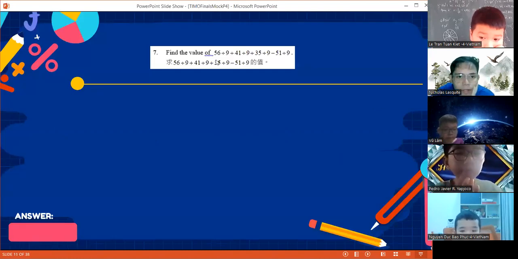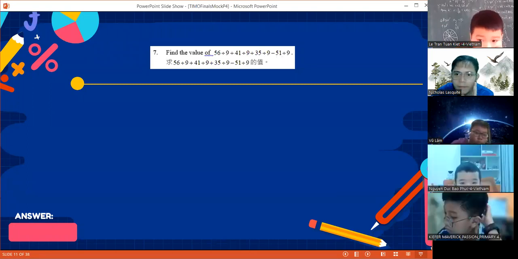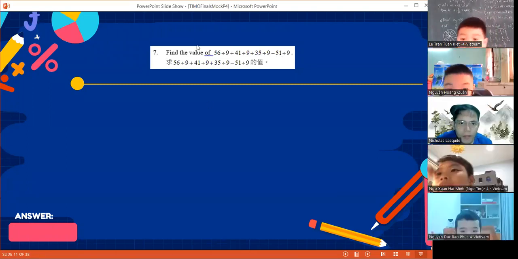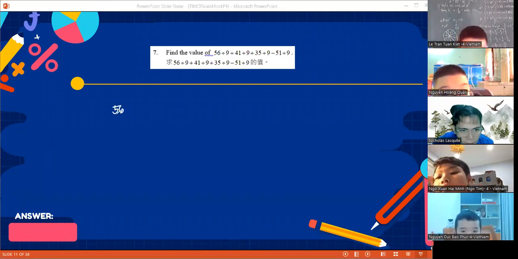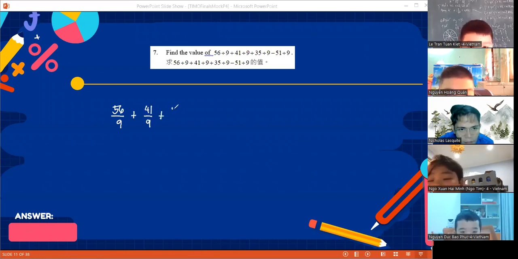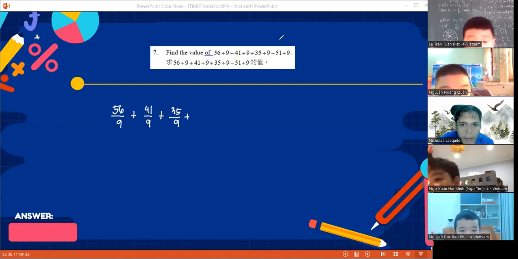Find the value of 56 divided by 9 plus 41 divided by 9, plus 35 divided by 9 minus 51 divided by 9.